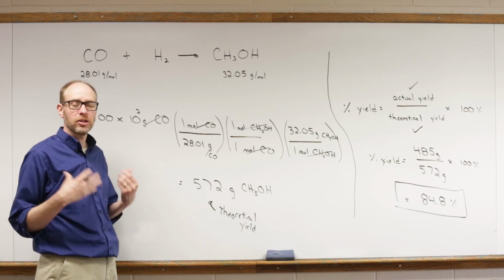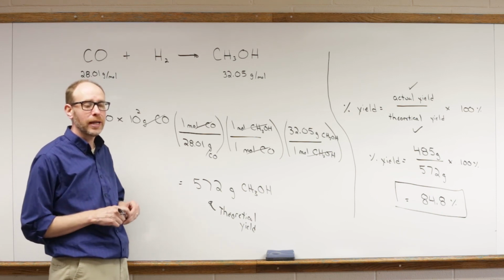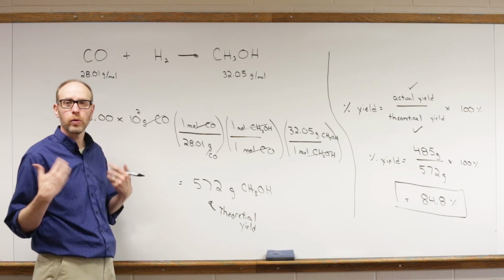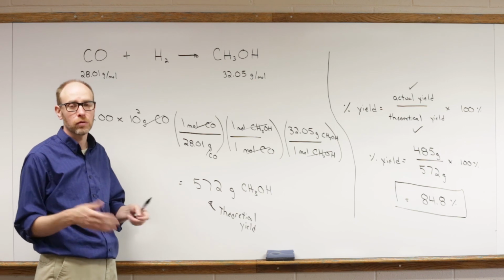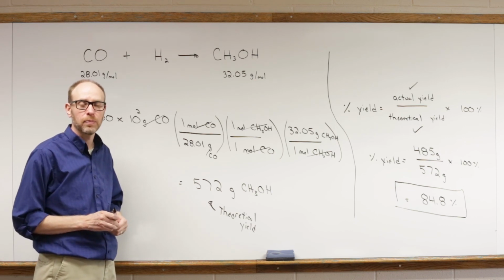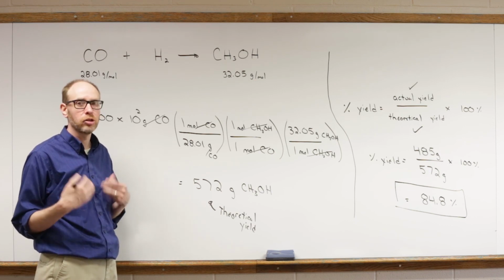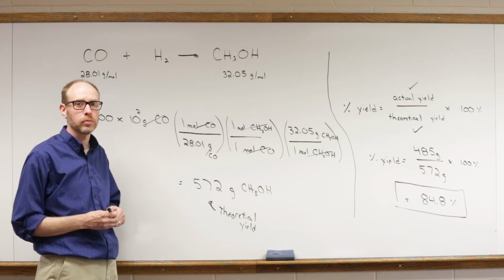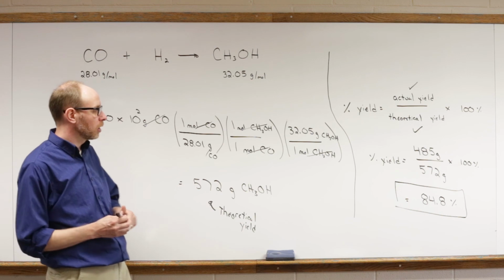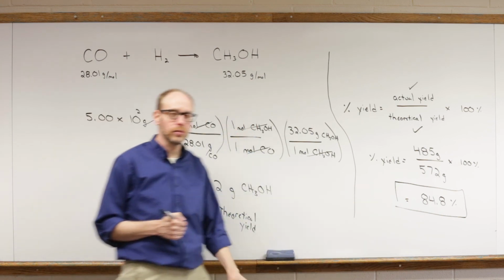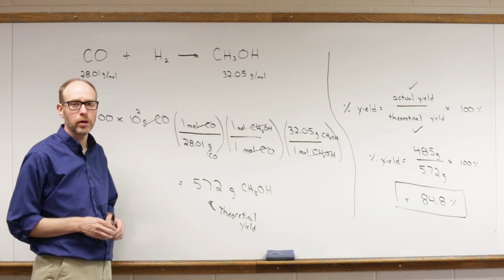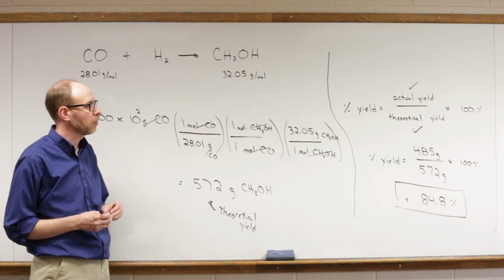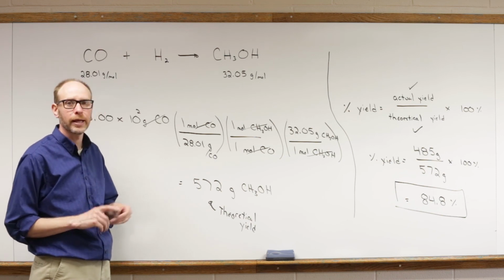For some chemical reactions that are very difficult to run, we might even say that 50 or 40 or 30% would be a good yield, just because they're a little bit stubborn and compounds don't always like to react in the way that we want them to. I'd guess that you'd get pretty good marks for that if this were a reaction you were running in lab.